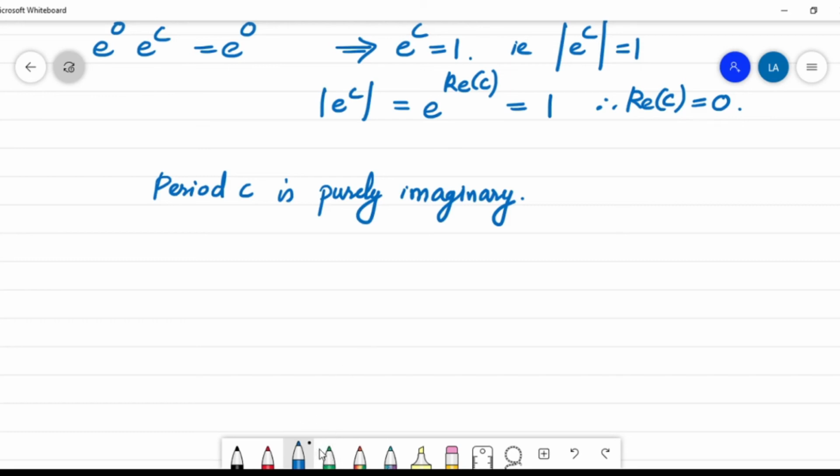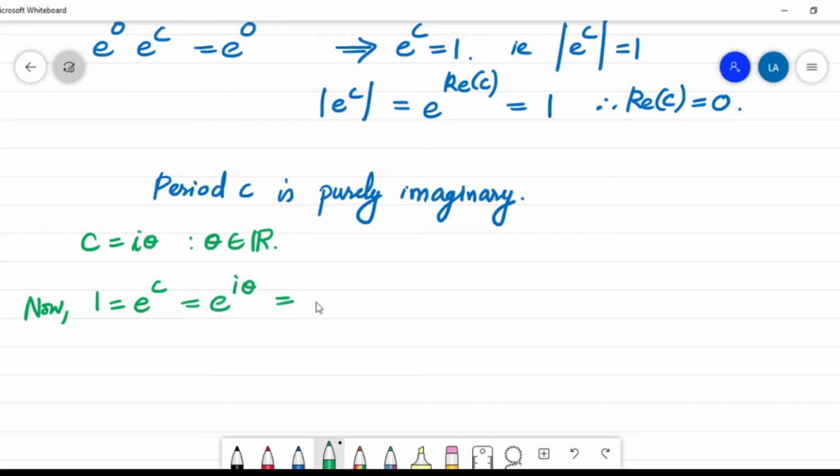Now, let's see what the imaginary part looks like. Okay. So, definitely C is equal to some I theta, where theta belongs to the real numbers. Now, 1 is equal to e raised to C, we found it out, and C is of the form I theta, and e raised to I theta is equal to cos theta plus I sin theta, right. Theta is a real number.